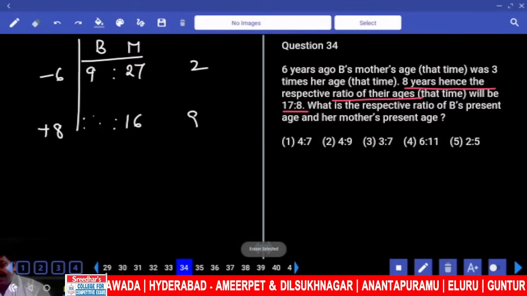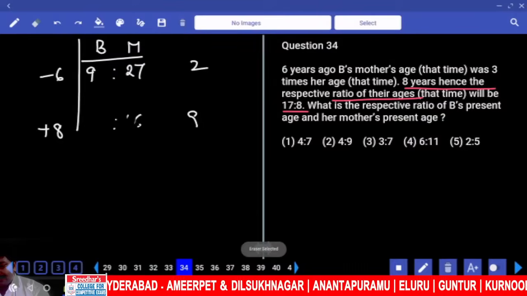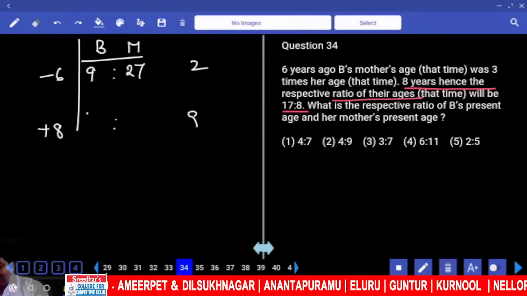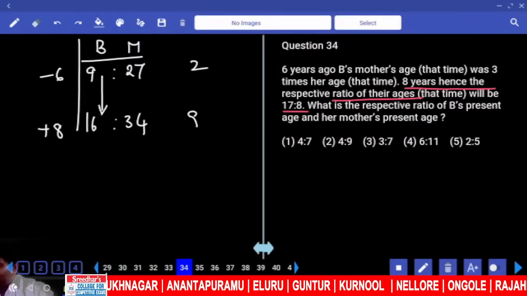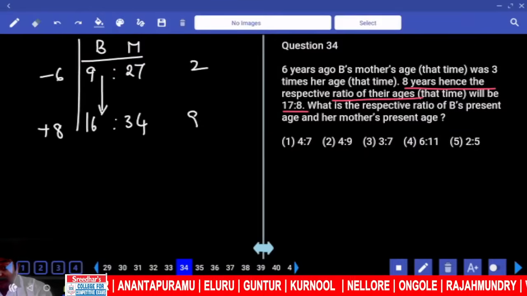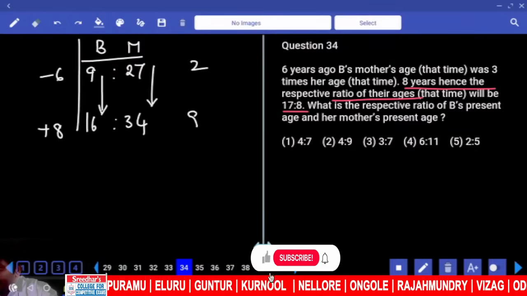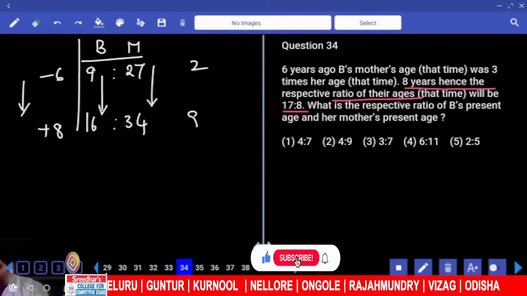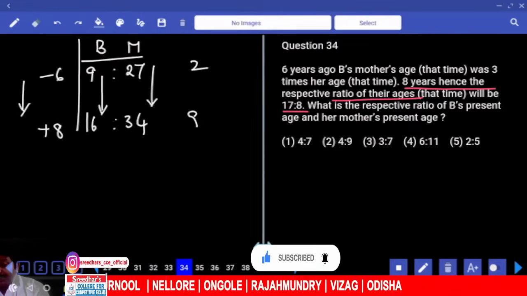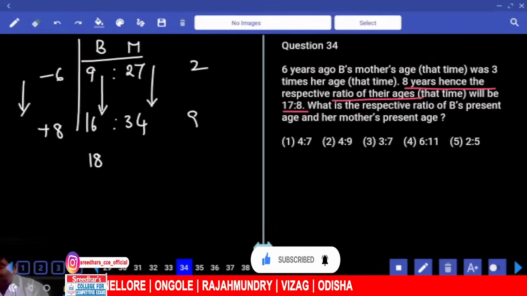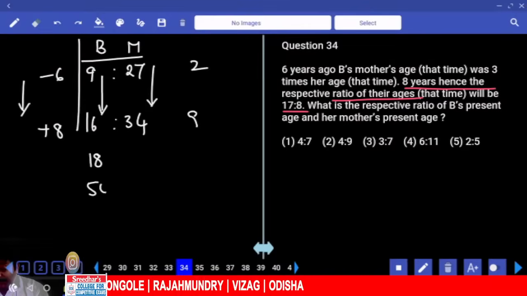Reverse it. 16 and 34. B's age increased by 16, mother's age also increased by 34. Because of 14 years, one part is equal to 2. B's age 18, mother's age 54.